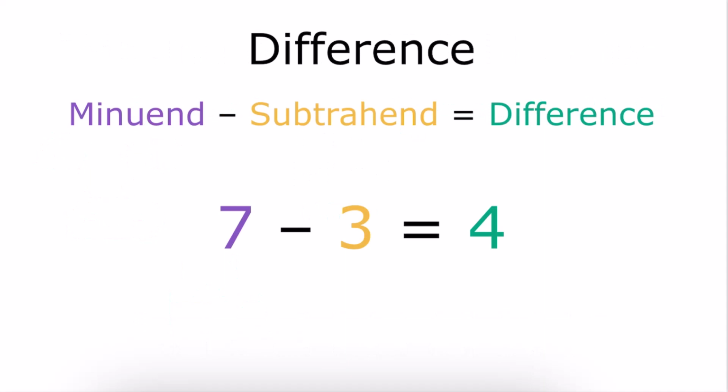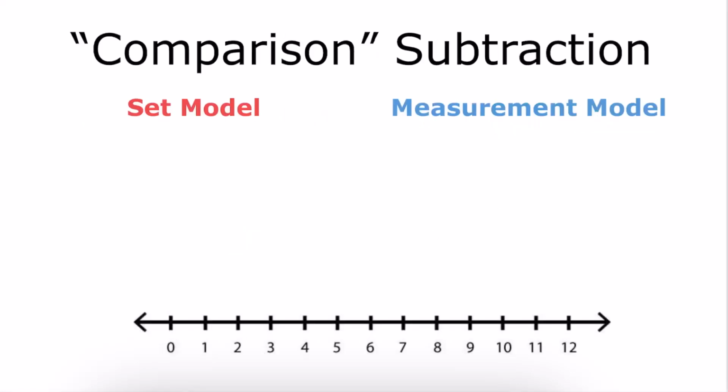And then the last model for subtraction is actually the reason that we call the result of a subtraction problem the difference. Because the last model is to think about subtraction as comparison. So if we have a problem like, let's say, 5 minus 2, the way that you think about it in a comparison model is that you're comparing the number 5 to the number 2.